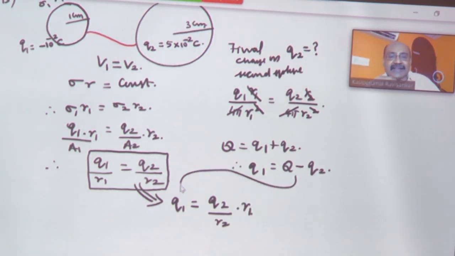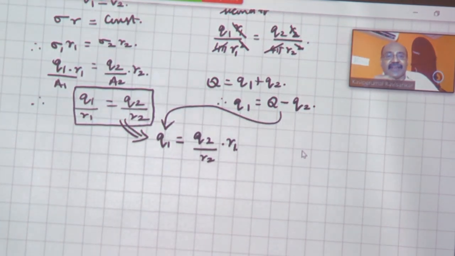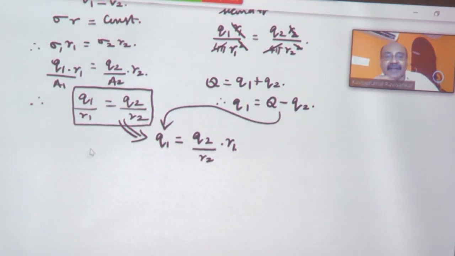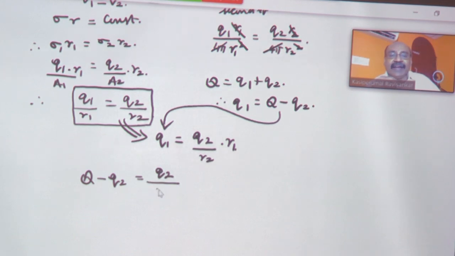Take this and substitute it here. When you substitute Q1, what will be the answer? You will get Q minus Q2 is equal to Q2 divided by R2 into R1. So, I can write capital Q equal to R1 divided by R2 into Q2 plus Q2.